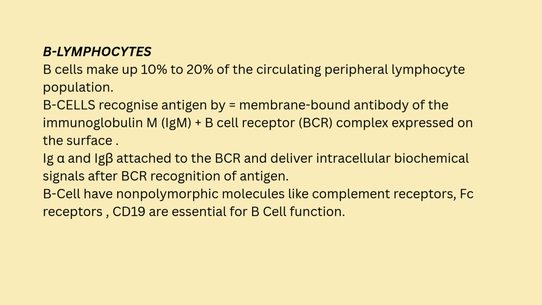Immunoglobulin alpha and beta are attached to these B cell receptors and deliver intracellular biochemical signals after BCR recognition of antigen. B cells also have non-polymorphic molecules like complement receptors, Fc receptors and CD19, which are essential for B cell functions.